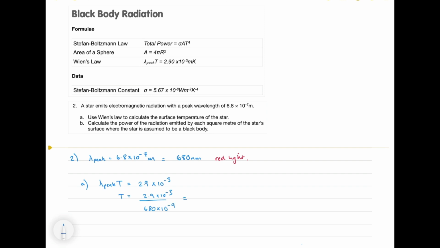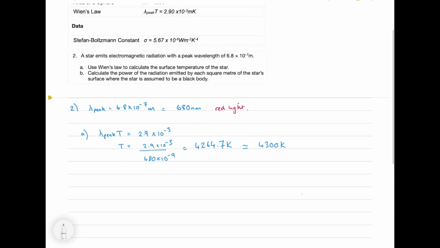And that's going to give us a temperature of 4264.7 Kelvin. Everything has been given to two significant figures, so we're going to round that to 4,300 Kelvin. That's our surface temperature. Obviously the core of the star will be a lot hotter than that, but the surface temperature is what Wien's law will give us a temperature of.